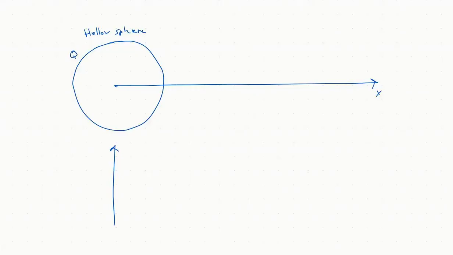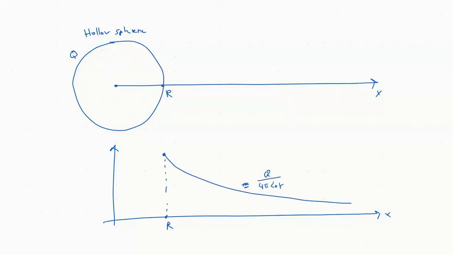It's going to be equal to Q over 4 pi epsilon naught r squared. But inside the sphere, the field is going to be 0.